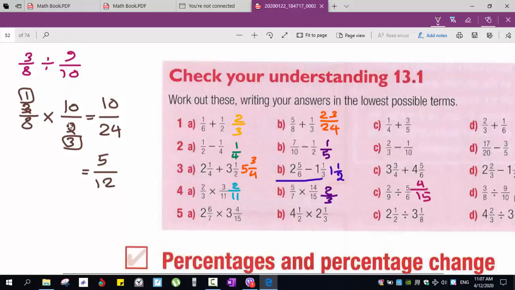Remember, we simplify up and down only in a multiplication problem. Never simplify a division problem like this unless you reduce it into multiplication. Then you can simplify the multiplication.